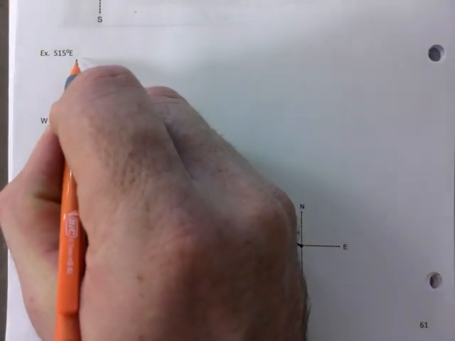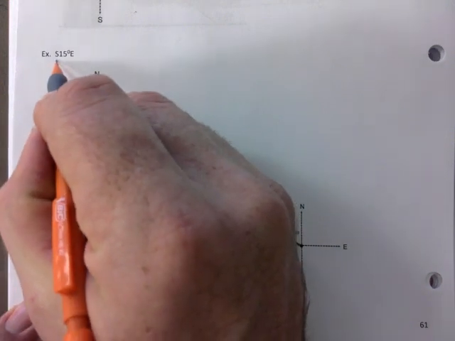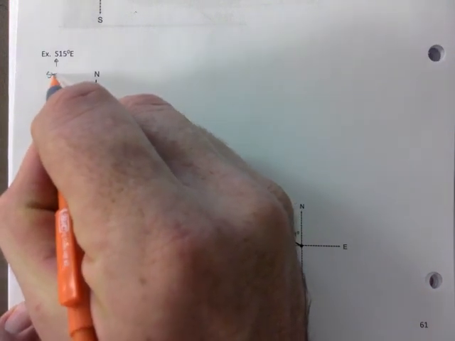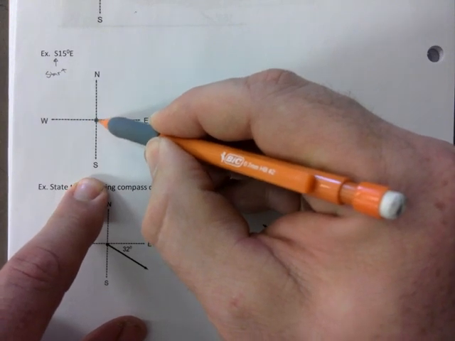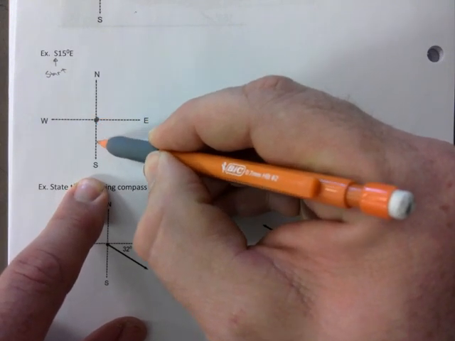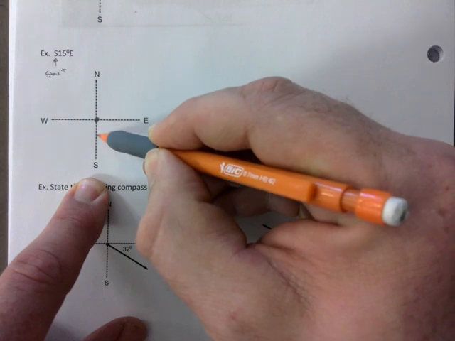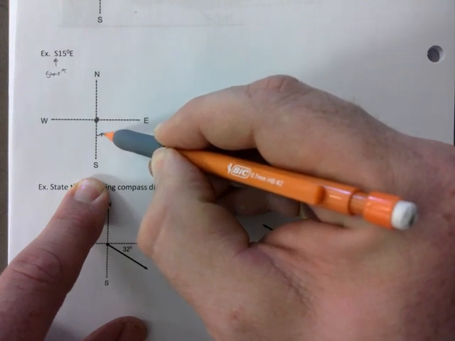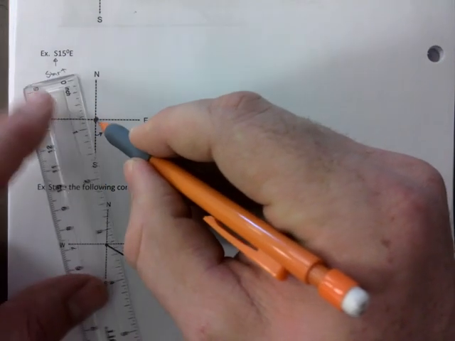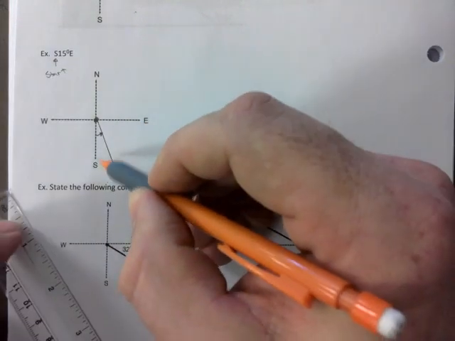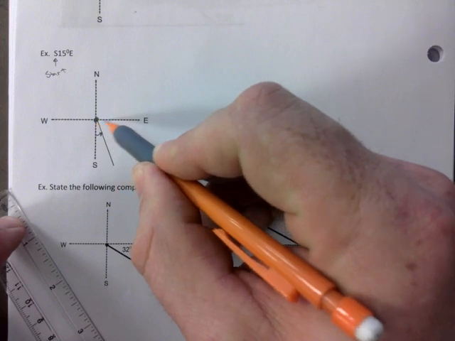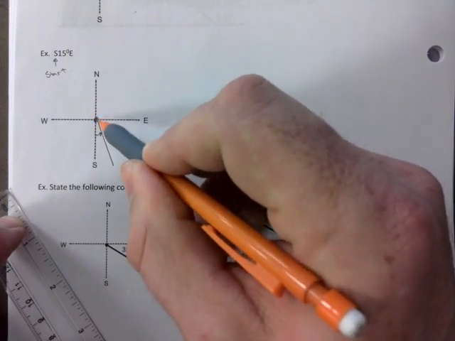South 15 east. Where would you start? You start here. So you go to your south. This is where you're standing. You go anywhere on the south line and turn towards east. So you go 15 degrees towards east. It's not much, just 15 degrees, because remember, there's always a 90 between south and east, northwest.